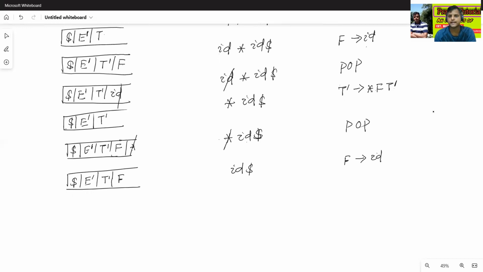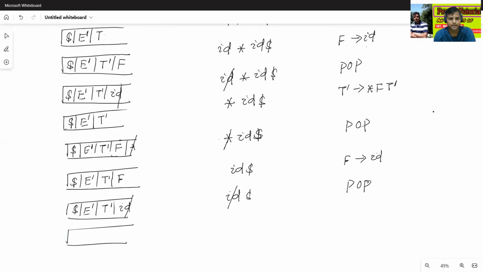Now we'll replace F with ID. The stack is dollar, E prime, T prime, then ID. Here the input is ID dollar. So both IDs are matched. Pop. Both are popped.